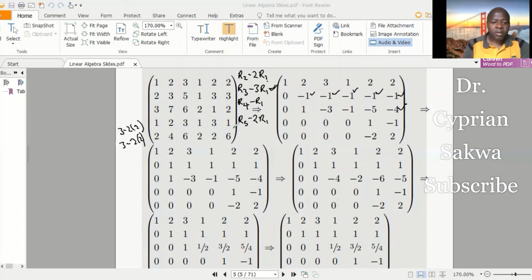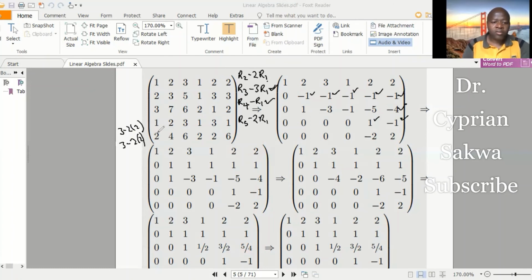Then let me go to row 4 now. Row 4, I have row 4 minus row 1. So 1 minus 1 is 0. 2 minus 2 will be 0. 3 minus 3 will be 0. 1 minus 1 will be 0. 3 minus 2 will be 1. And then 1 minus 2 will be negative 1.